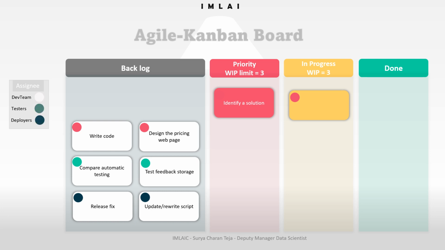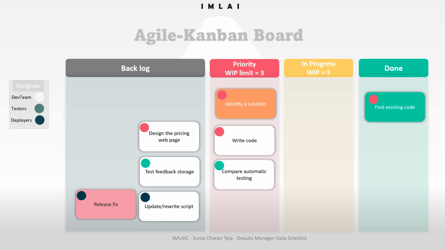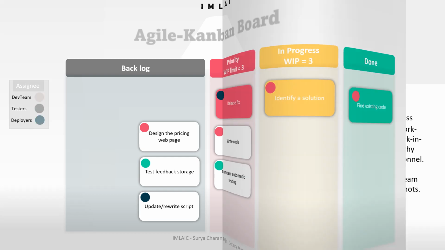Once the priority section is empty, another task will come. And once that is also done, from other teams you put other tasks in priority, and once it completes, another new task will come into the priority.